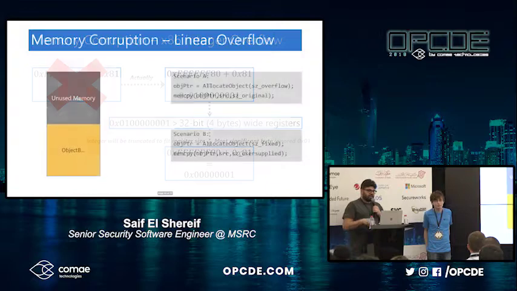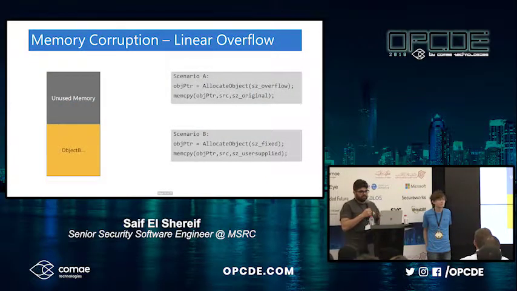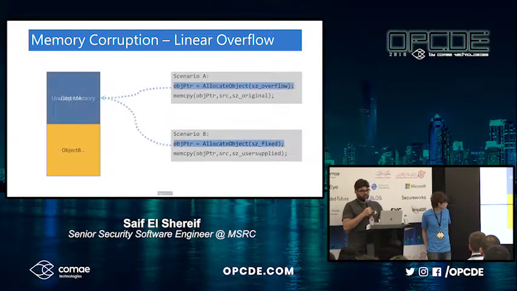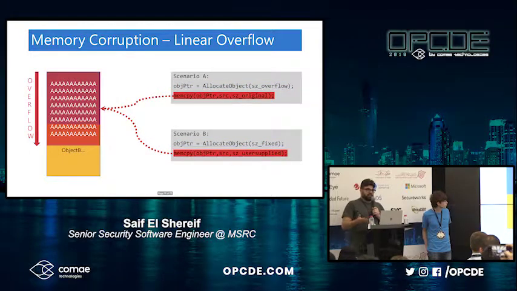This can have adverse effects, most specifically in linear overflows. So if we have 2 scenarios, the first one is that we allocate an object based on a size that had some calculations on it that resulted in the integer wrapping from a large value to a smaller one. And the second scenario is that we allocate a fixed size object to memory. The next step is the data copying step.